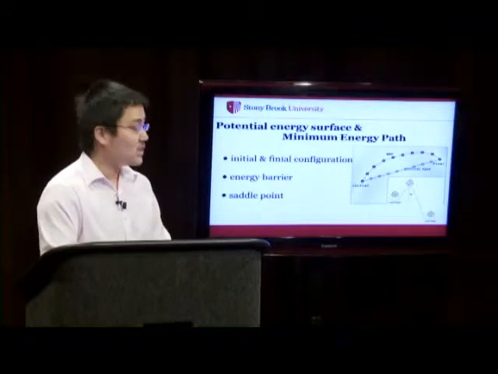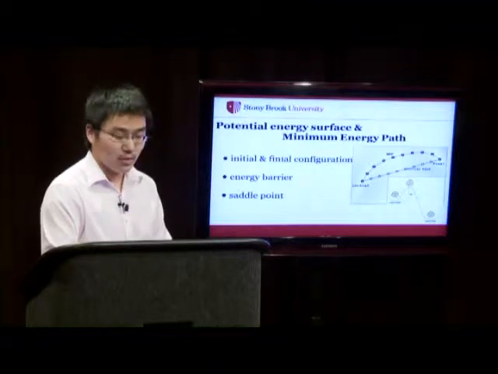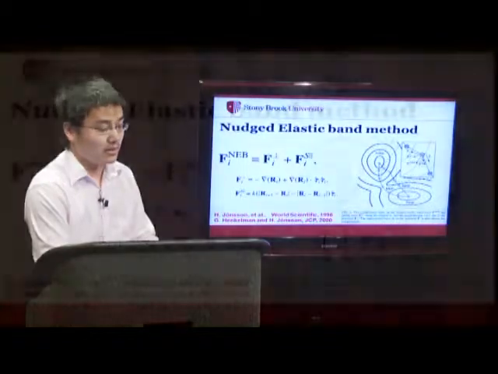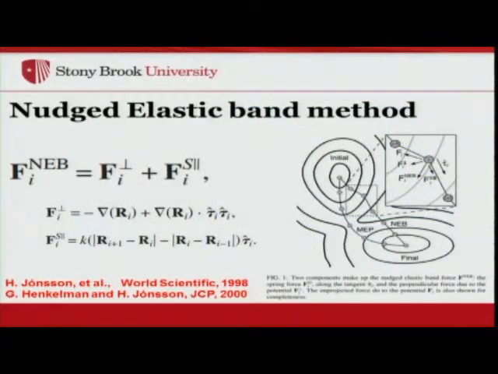But how can we get a minimal energy path? We call it MEP. We can use the Nudged Elastic Band method. In order to converge to the MEP, we need to keep the images on the surface, not sliding into the initial or final point.